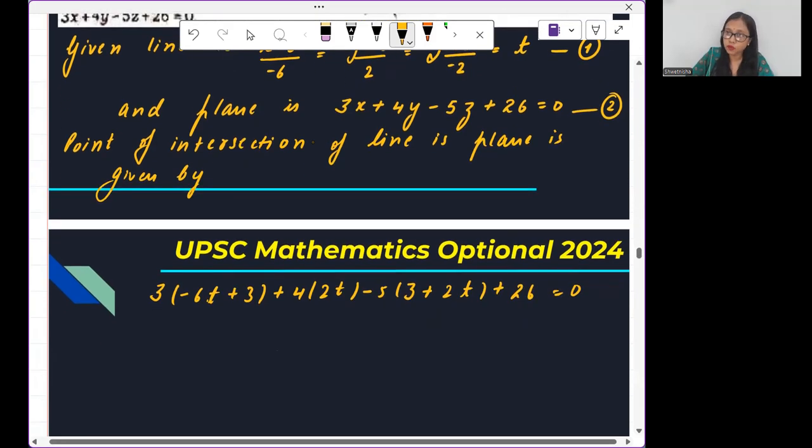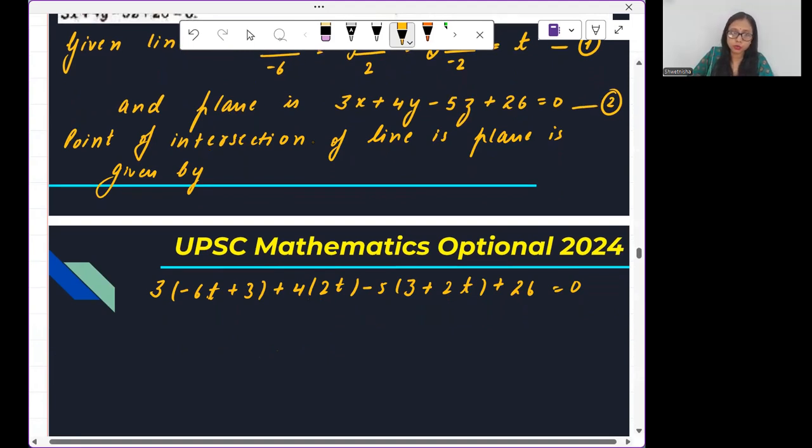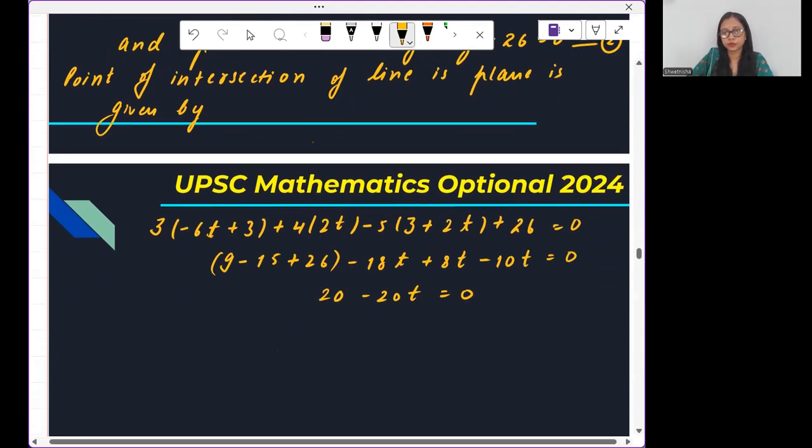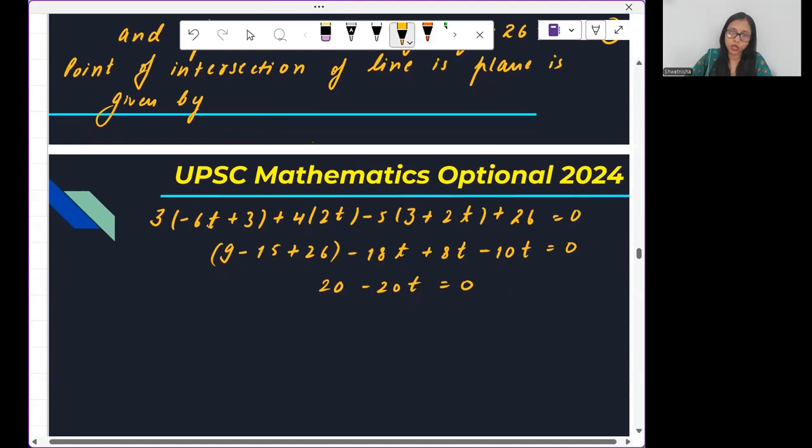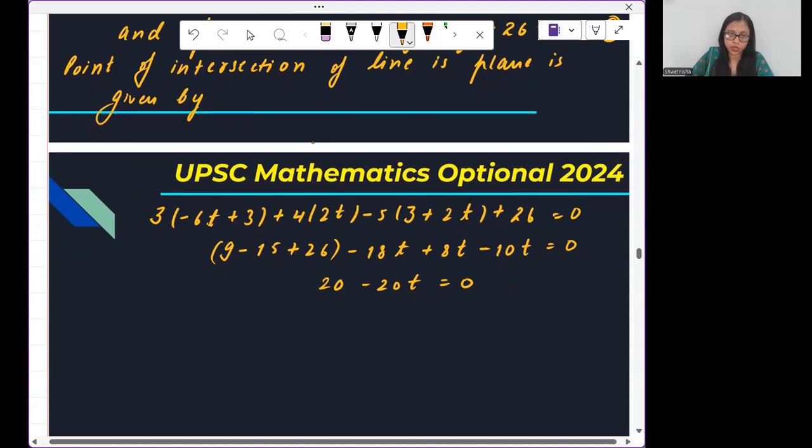If I'll be able to solve the t from here, that means I have an intersection point. So if you solve it, it will be 9 minus 15 plus 26 minus 18t plus 8t minus 10t is equals to 0. So it's 20 minus 20t is equals to 0. And t is equals to 1.